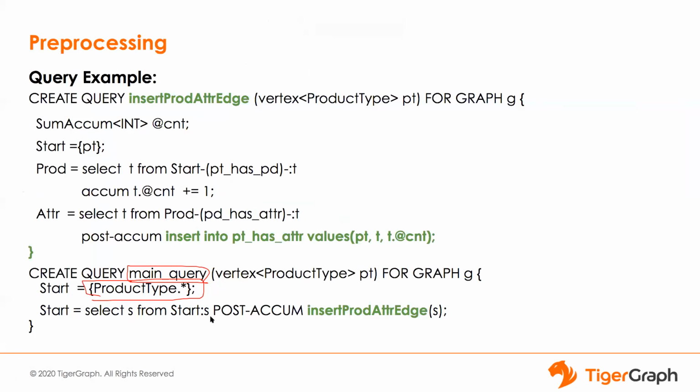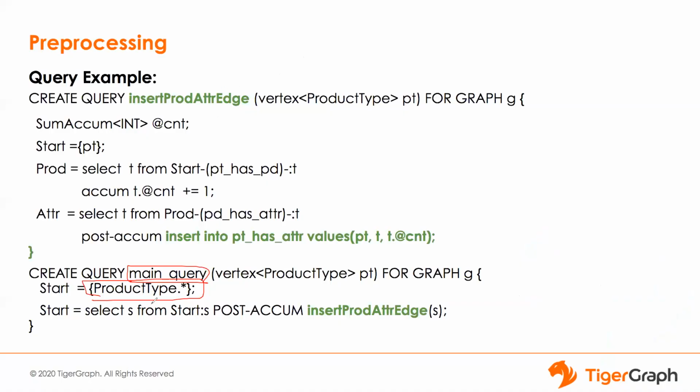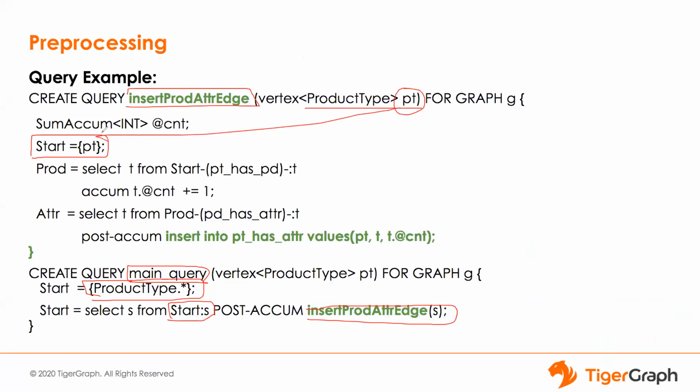So now I have a main query starting from all the product types. And for each vertex in this vertex set, I call this subquery, okay? And the subquery is defined right here. It takes a product type as input, and I create a vertex set variable starting from this product type, right? This goes here. And then starting from this product type, I use the product type to product edge to traverse to product.